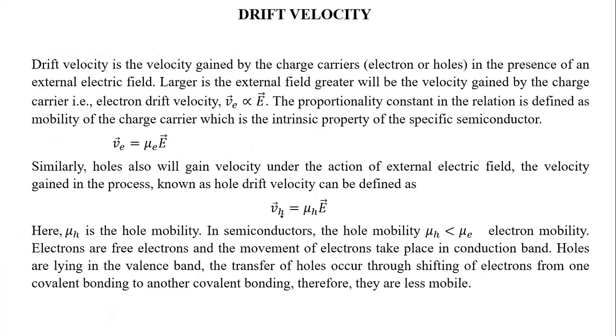Now, we all know that in a conductor also, if you take a copper wire as it is, it does not conduct electricity. In order to have a copper wire conduct electricity, you need to apply a certain voltage, right?